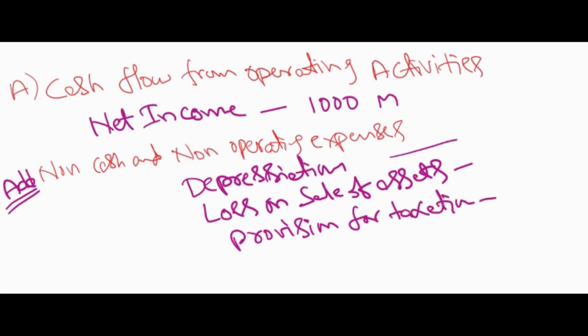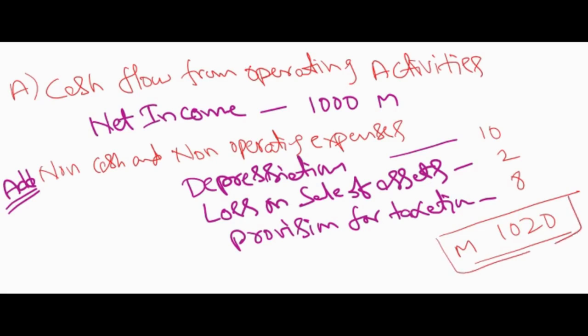So these are the values that we need to add. Or let's say let's fill some numbers so that you can easily understand. So let's say depreciation is 10 million, loss on sale of assets 2 million, provision for taxation 8 million. I'm just taking examples. So you are adding all these things. So now your value is 1020 million, right? So once you add non-cash and non-operating expenses, your value is this.